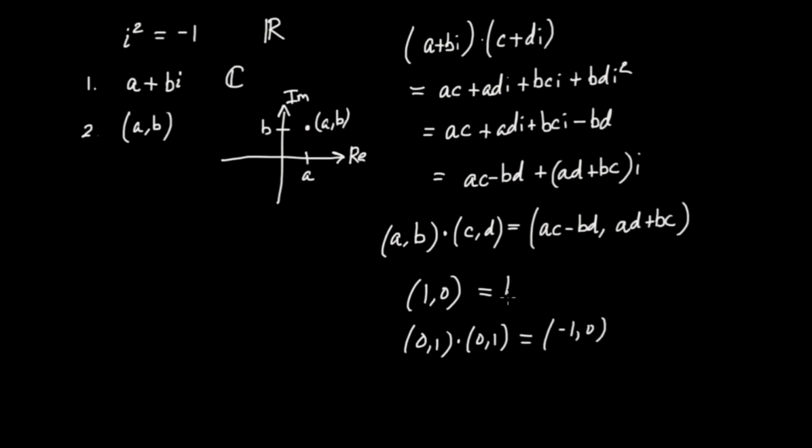And since (1, 0) acts like 1, (negative 1, 0), quite expectedly, is going to behave like minus 1. So here you have some number, which is going to be i, being multiplied by itself, or squared, and that's going to generate minus 1. So we indeed have some object in this field, the set of complex numbers, namely (0, 1), which is going to behave like an i, a number that squares to minus 1.